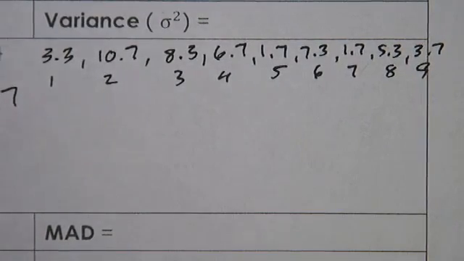So we got 3.3 plus 10.7 plus 8.3 plus 6.7 plus 1.7 plus 7.3 plus 1.7 plus 5.3 plus 3.7, which brings me to 48.7.